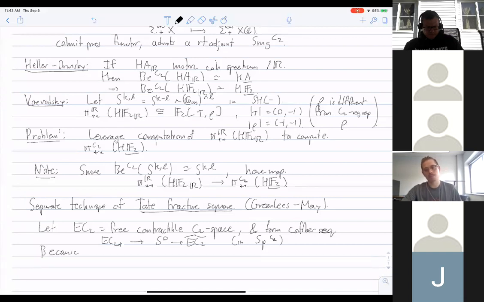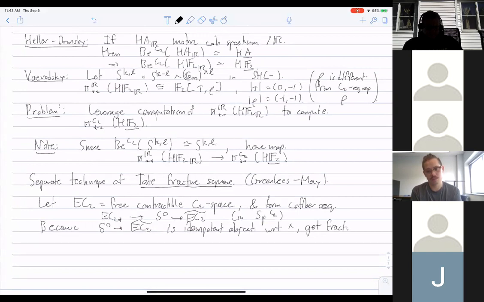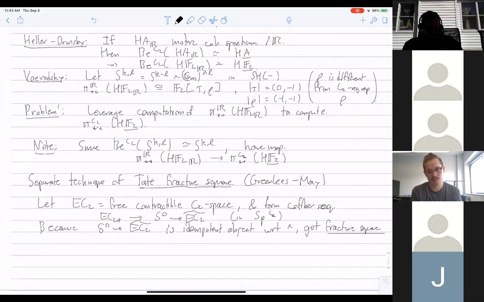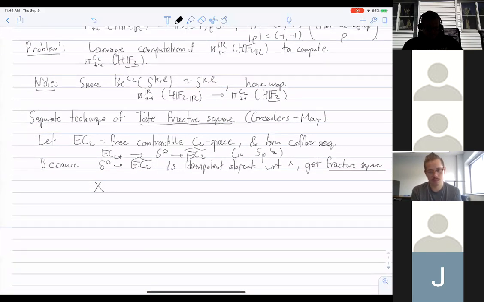Because S0 to EC2 twiddle is an idempotent object. That is to say, if I smash EC2 twiddle with itself, I get it back, with respect to smash product. Well, in such a situation, I always get a fracture square of the following form. So this is the so-called Tate fracture square.